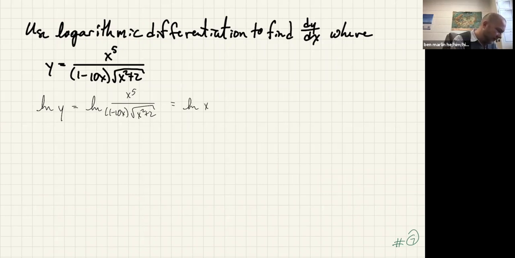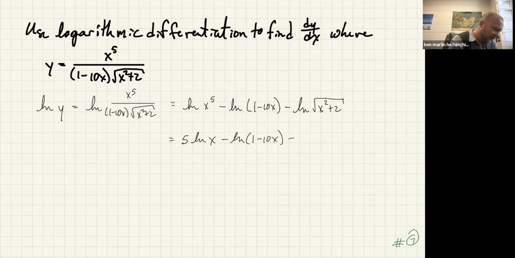So logarithm of the x to the fifth minus the logarithm of 1 minus 10x minus the logarithm of the square root of x squared plus 2. Okay. But before we launch right into this, we also ought to note that our power rule allows us to do that. The 1 minus 10x we can't do anything about, but the square root we can do that with.